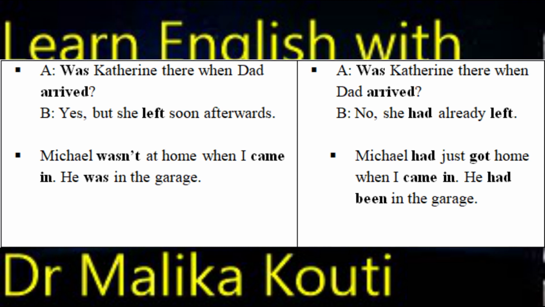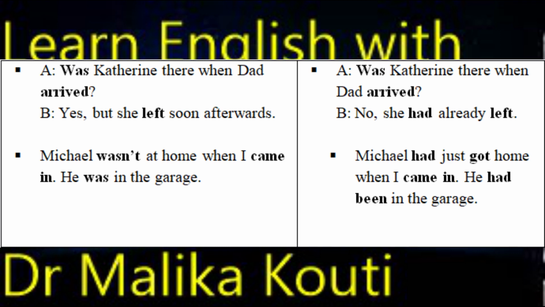Great. Another example. Michael wasn't at home when I came in. He was in the garage. Great. I have actions in the past simple. Now let's look at the other side.